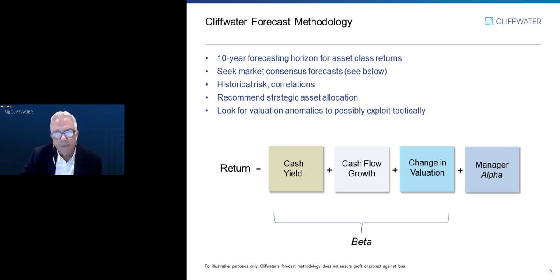And then finally, manager alpha for those asset classes where the focus is on managers creating return. There may be a manager alpha component or forecast in terms of total return.